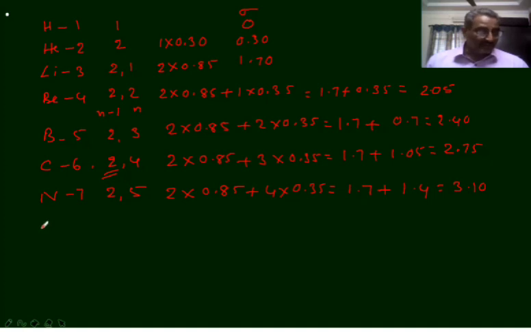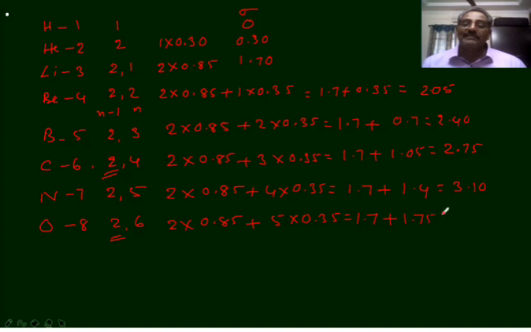For oxygen, atomic number 8, electron distribution is 2, 6. The screening constant will be 2 into 0.85 by the inner electrons, and 5 more electrons in the outer shell cause 0.35 each. So 5 into 0.35, that is 1.7 plus 1.75, that is equal to 3.45.